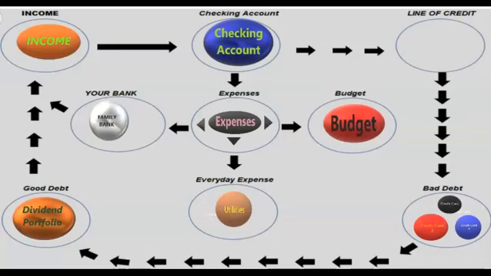and rinse and repeat. So guys, I hope this clears it up a little bit as far as credit cards and using them. It really doesn't have to be that confusing when it comes to paying the bills. If you have this chart, you just follow what it says.